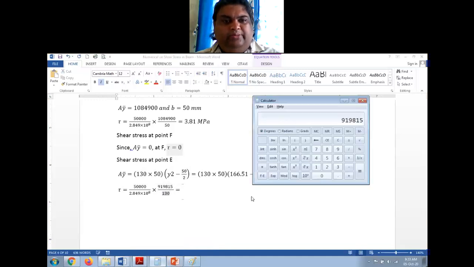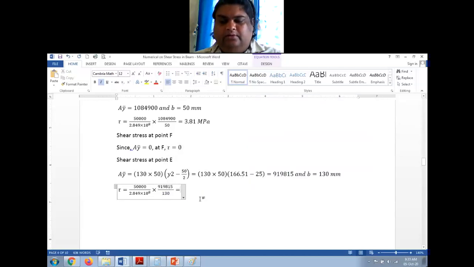So let me calculate this: 50,000 into this by 130 by 2.849 by 10 raised to 8. So the shear stress at that point is 1.24 MPa, megapascal. This is E.